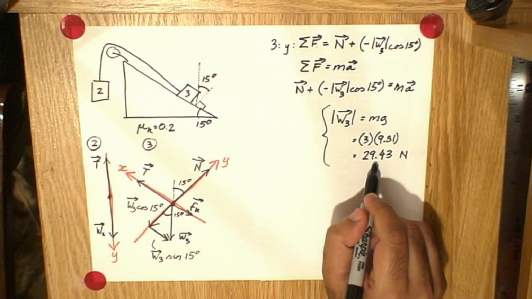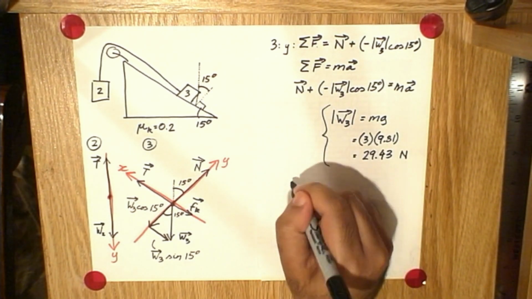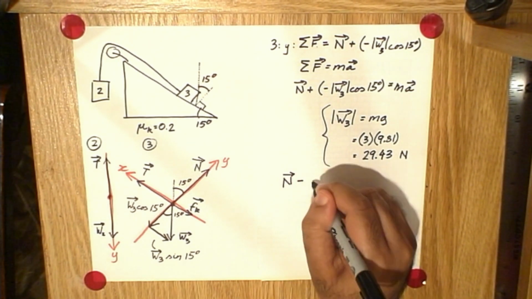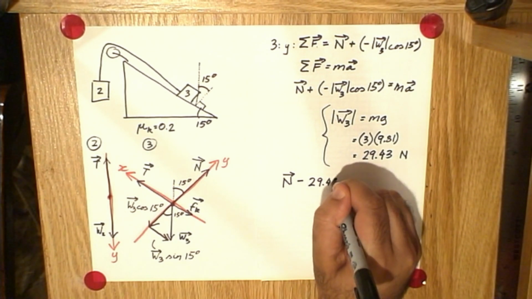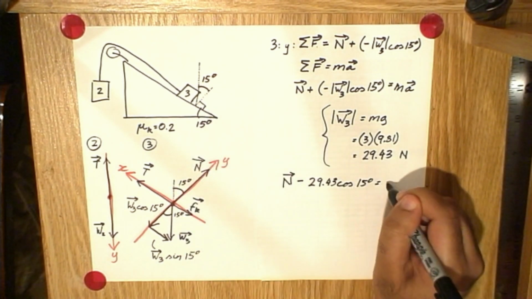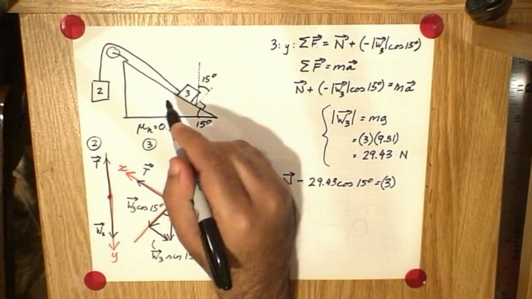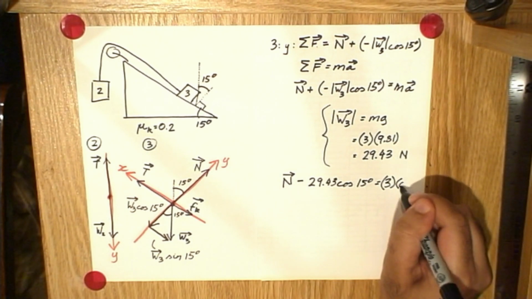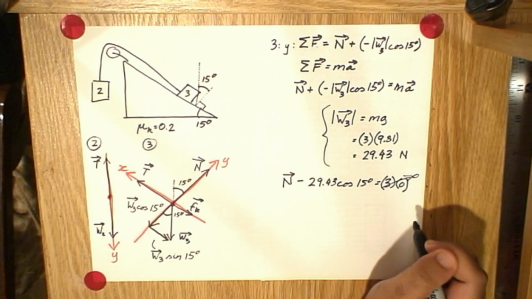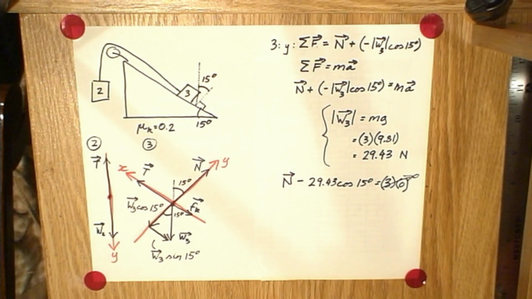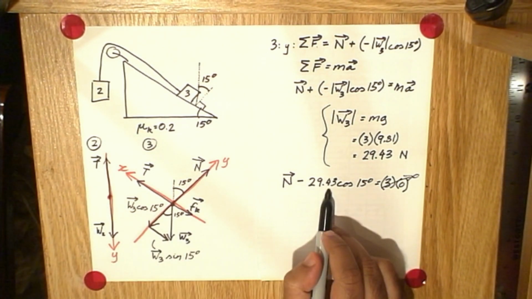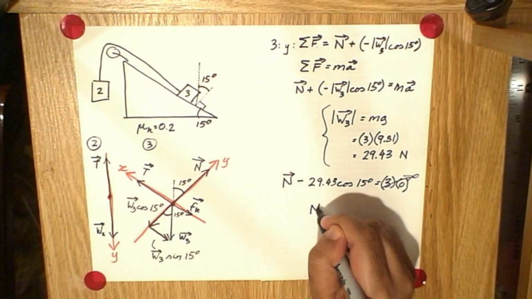So let's take this information and put it into this equation over here. The normal force minus 29.43 times the cosine of 15 degrees is equal to the mass, 3, times the acceleration. But the acceleration in the y direction is 0. So this entire right side is 0. So we now just need the value of 29.43 times the cosine of 15 degrees.